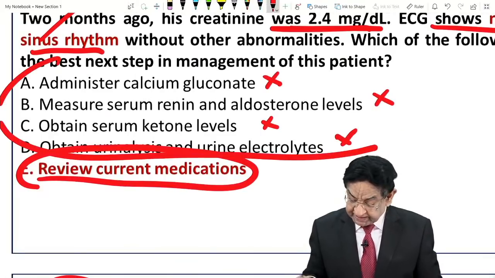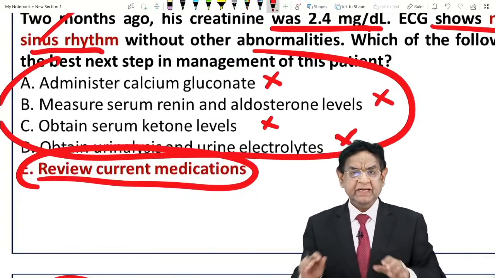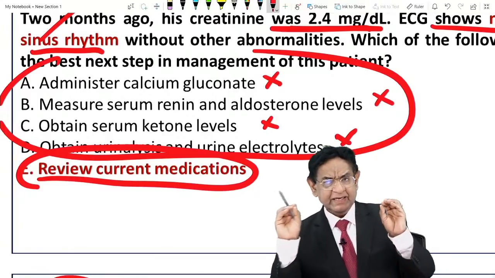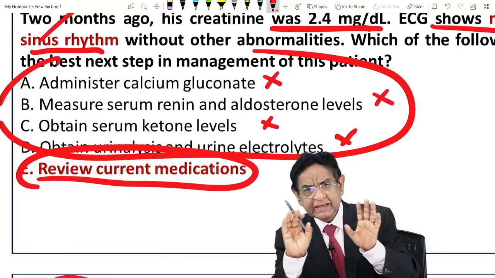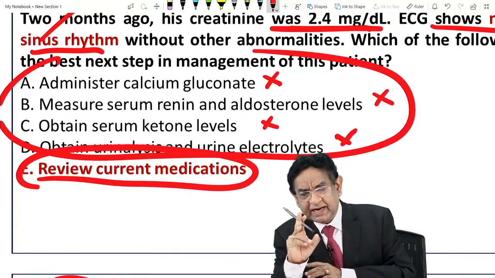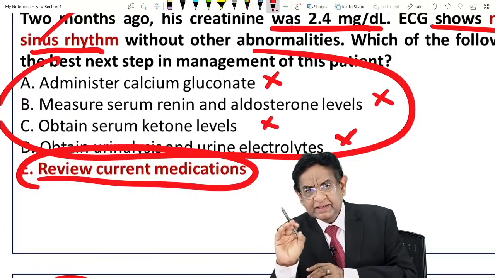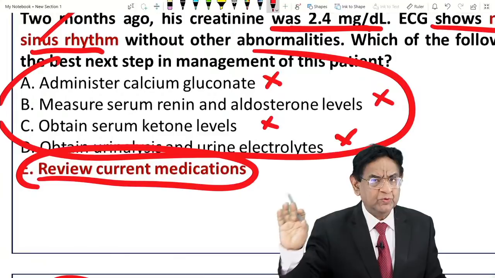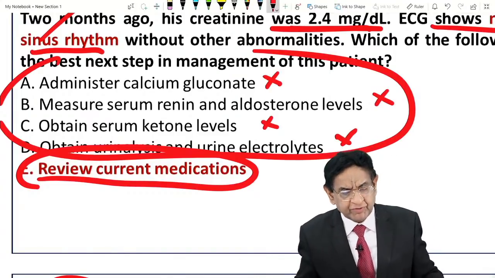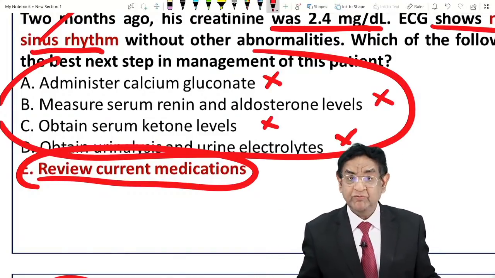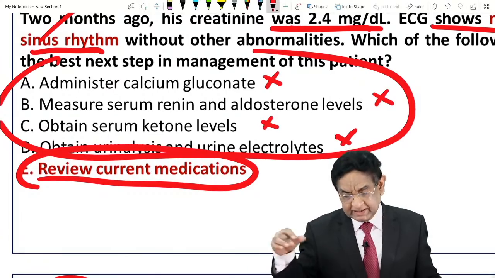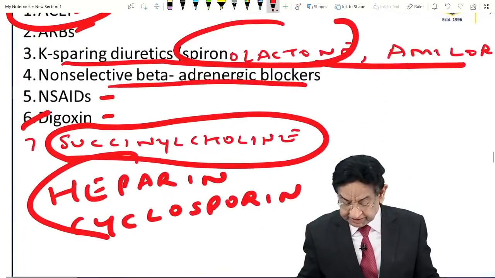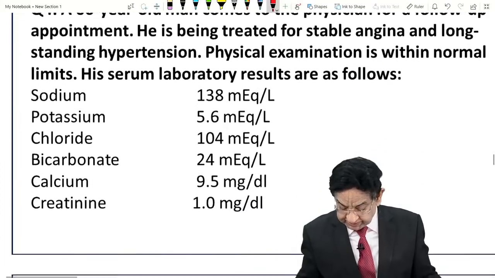Because they have a special indication. In a nutshell, he has no problem, because although his potassium is high, his ECG is normal, so we have to just review the drugs. Now, when to give specific treatment, I am going to discuss in the coming lectures. Let's look into this question.